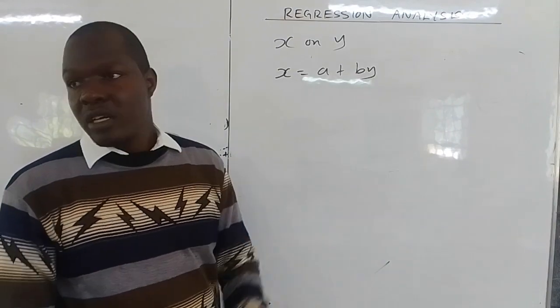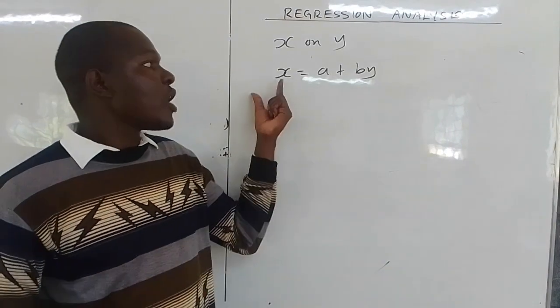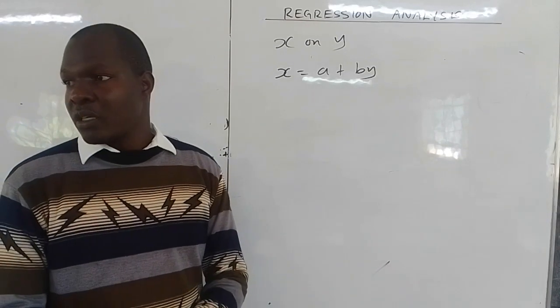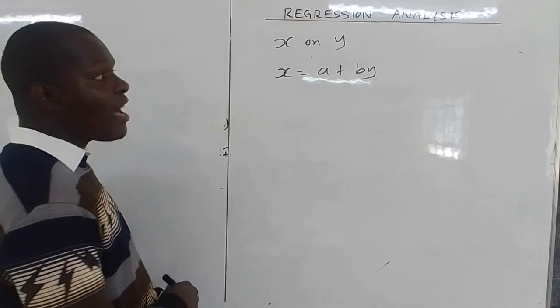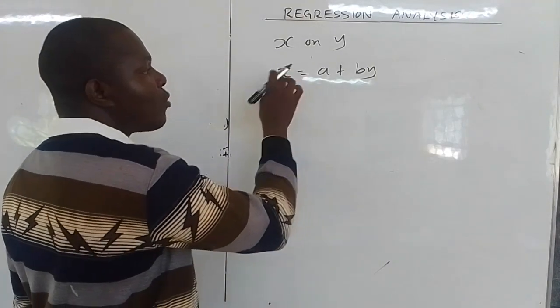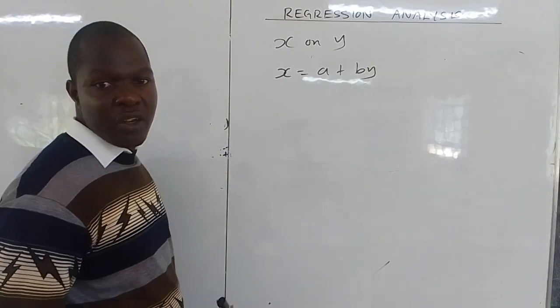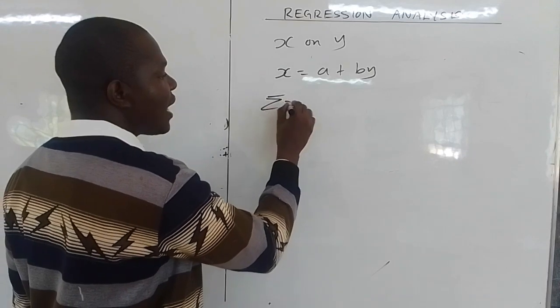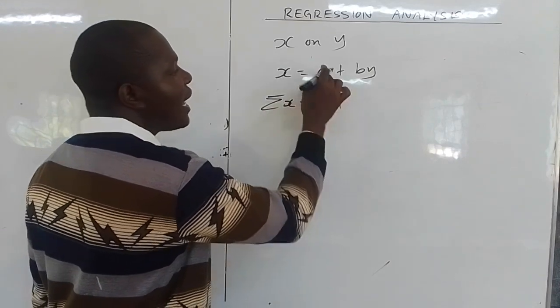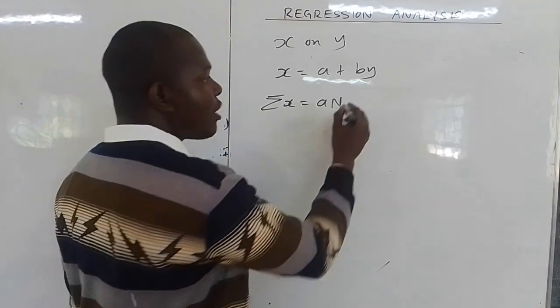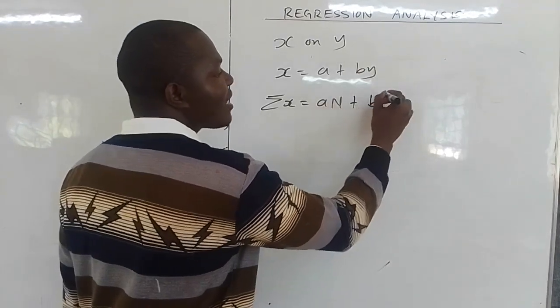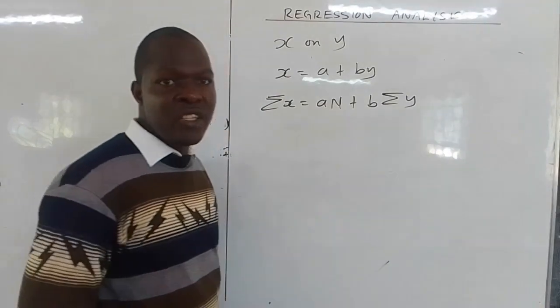That is x on y, you simply interchange. Where there was y, you put x, where there was x, you put y, isn't it? Are we together? So when you are using the method of least squares, the first thing you do what? You multiply both sides by summation, isn't it? So you will get summation x is equal to an. If you sum a, n times, you get an, isn't it? Then the plus b, you factor outside, you remain with summation y, isn't it?